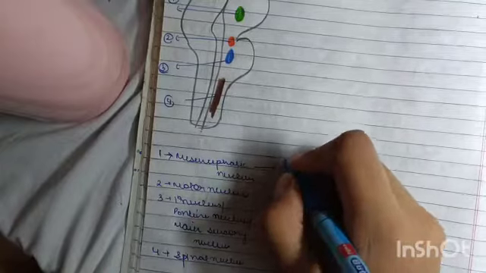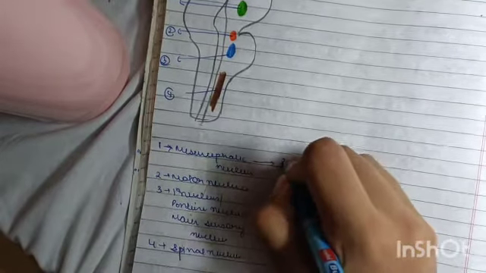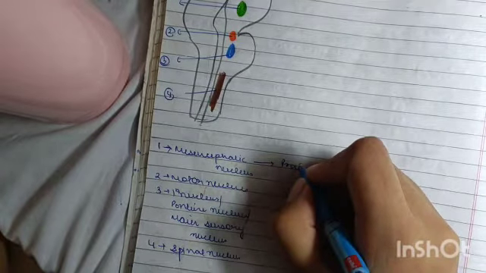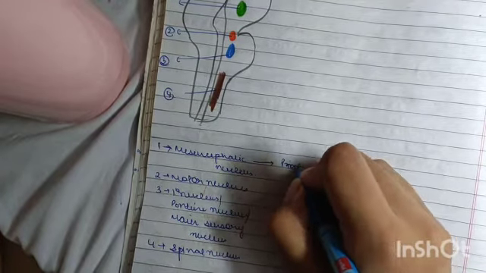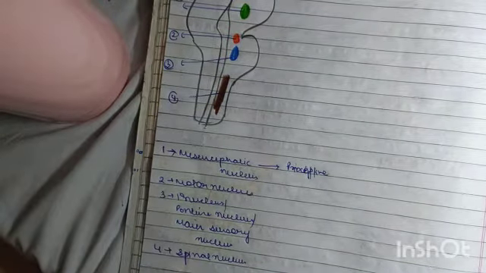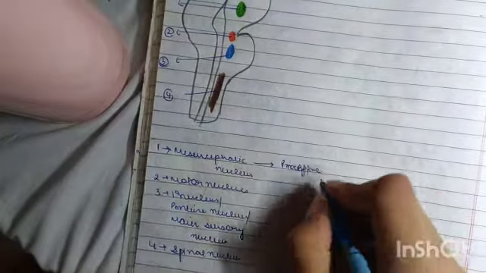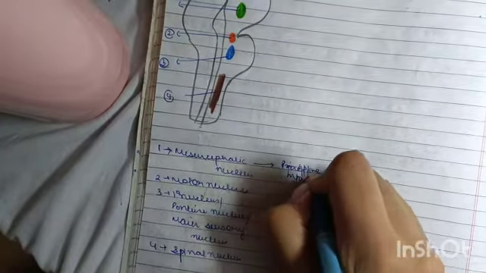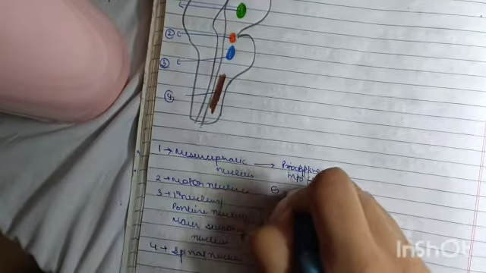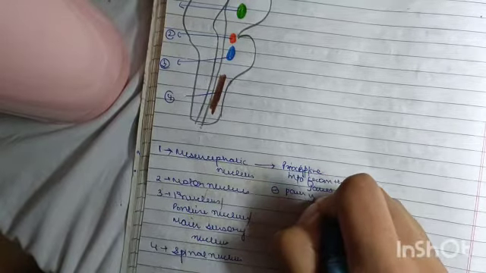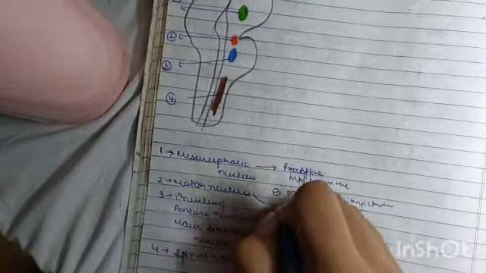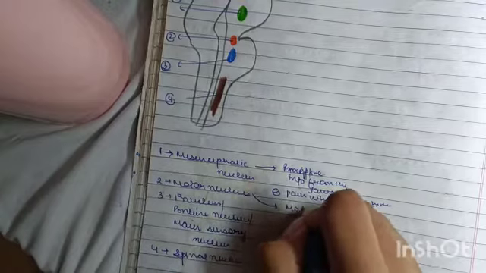Now, the mesencephalic nucleus is mainly important because it receives proprioceptive information from the jaws. Also, it prevents pain while biting and chewing. The motor nucleus basically supplies the muscles of mastication.